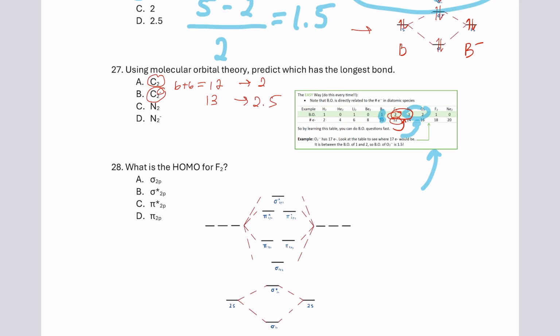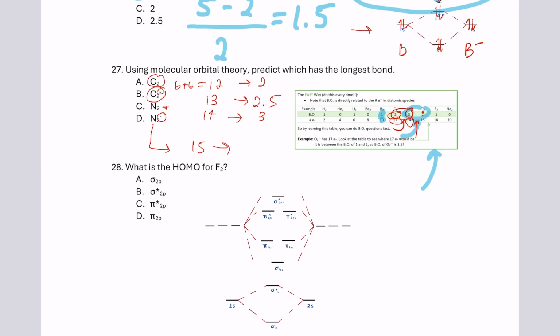Then we can look at dinitrogen. Dinitrogen has a total of 14 electrons, 7 from each nitrogen. If we look at our table, we'll see that for 14 electrons, the bond order is going to be 3. And then for dinitrogen, that's an anion that has gained an extra electron. 15 is right between 14 and 16.